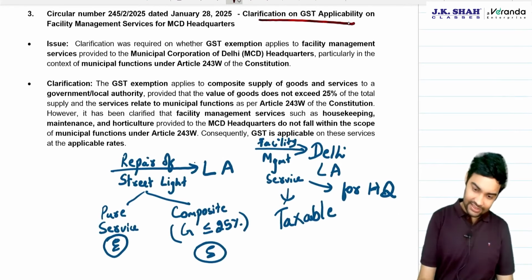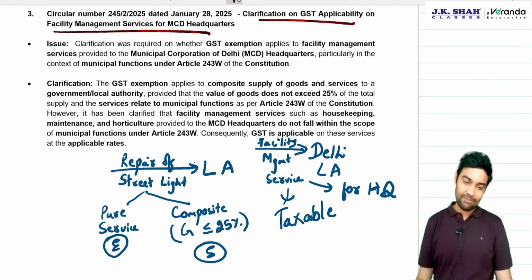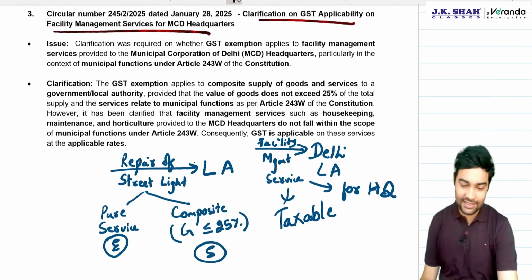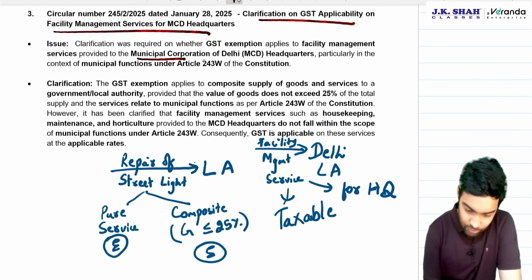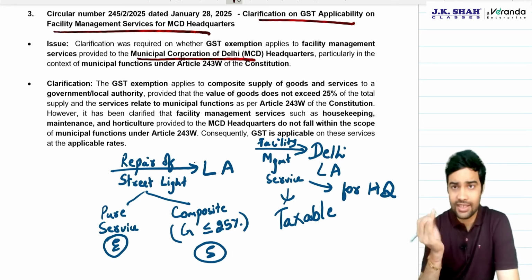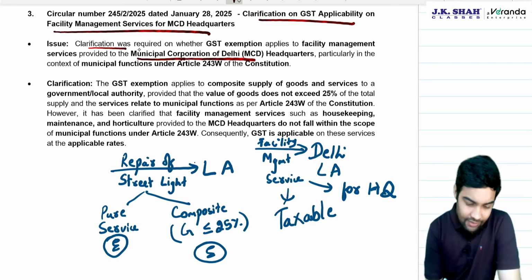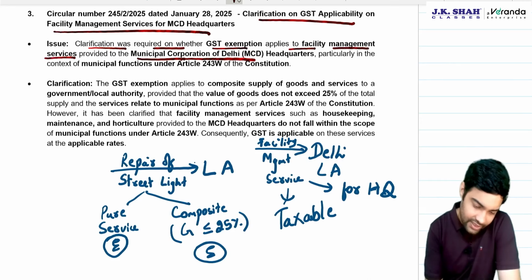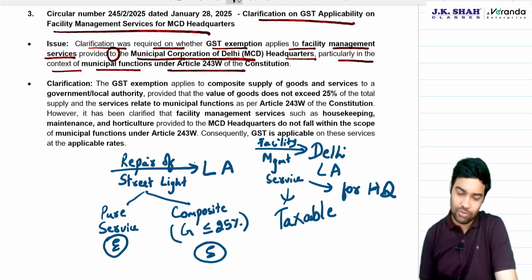Clarification on GST applicability on facility management service for MCD headquarter. What is MCD? Municipal Corporation of Delhi, local authority, Delhi. Clarification was required on whether GST exemption applies to facility management services provided to MCD headquarters, particularly in the context of municipal functions under 243W of the Constitution.